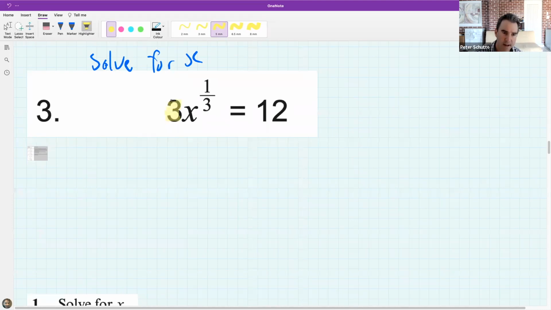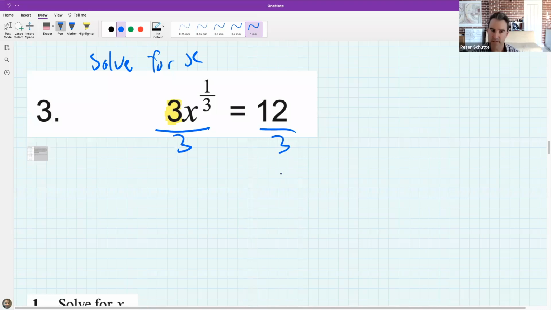If we go back to the beginning of the lesson, we really want the x by itself. The way that we get the x by itself is we divide both sides by 3. That's a very good first step, because that means we get left with this, and that looks a lot more like the question we did previously.